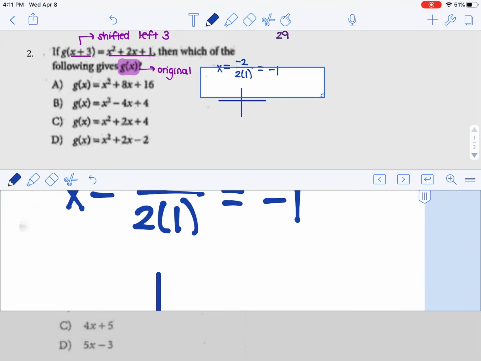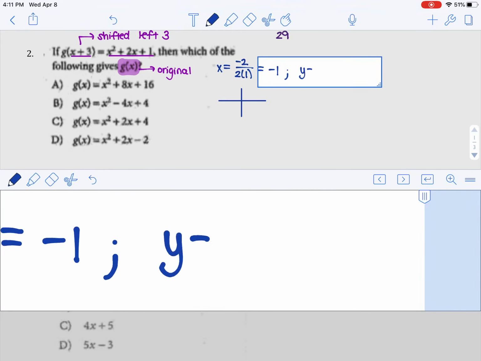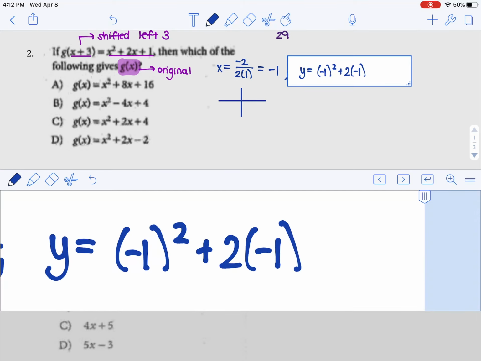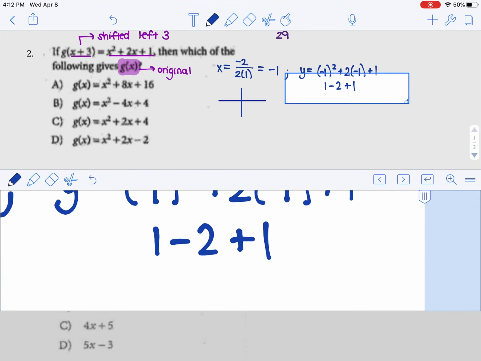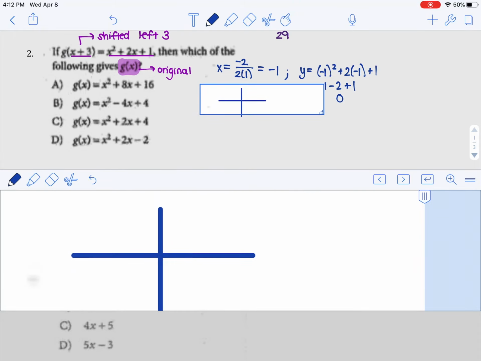So this is going to end up being negative 1 for x. And then I can plug in negative 1 to get y. So I'm doing that right now. This is going to end up giving me a y value of 0. So the vertex is negative 1, 0.